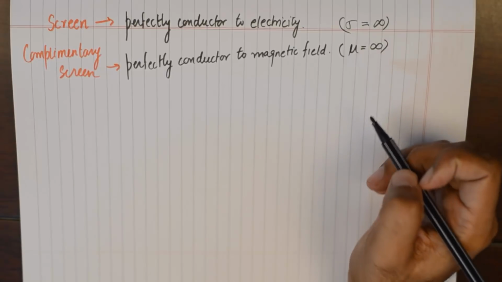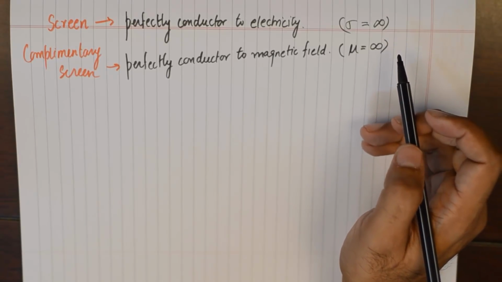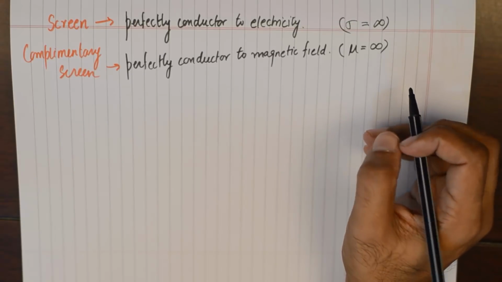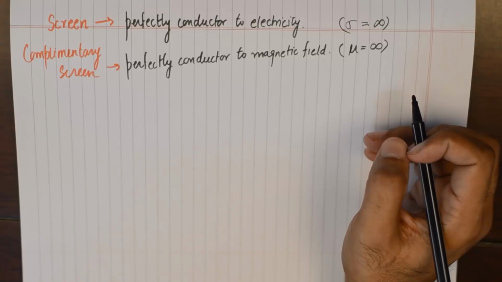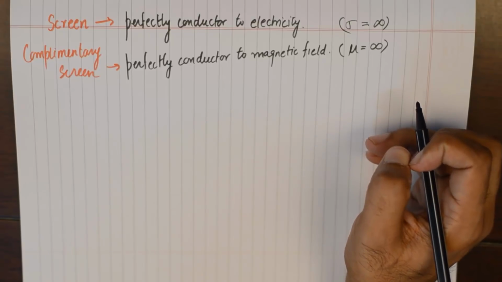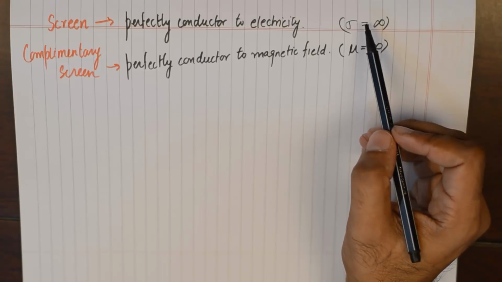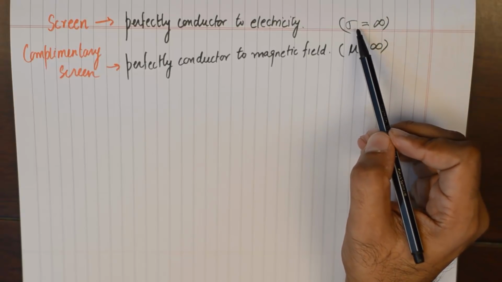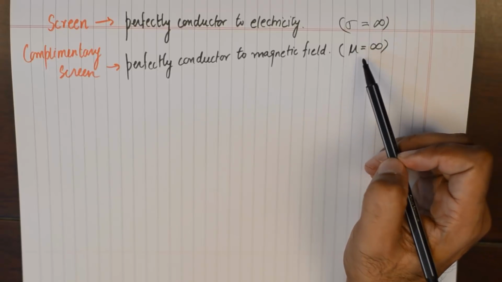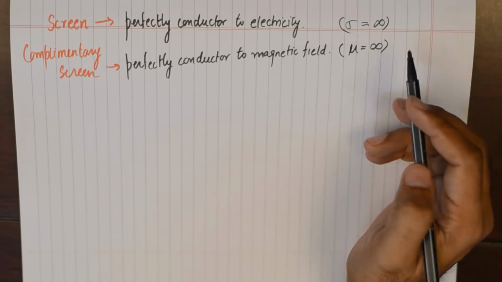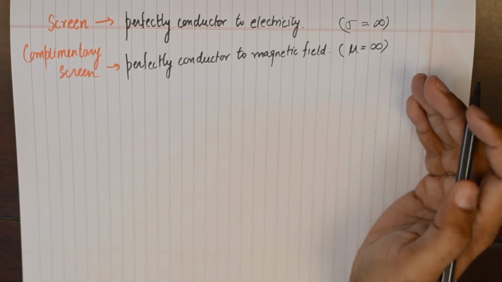So the permeability of that medium should be infinite. It should not resist magnetism or magnetic field or magnetic charge, so as to say, in any which way. It is easier to comprehend sigma as infinity, but it's not easier to comprehend mu as infinity.